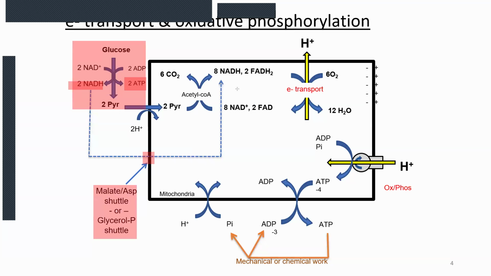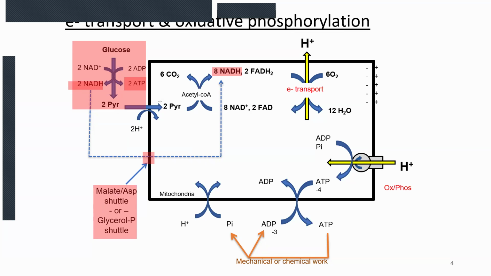Okay, so when you look at the NADH total here, it says 8 NADH. How did we go from 2 to 8? What is being accounted for there is the citric acid cycle and the NADH that it produces.